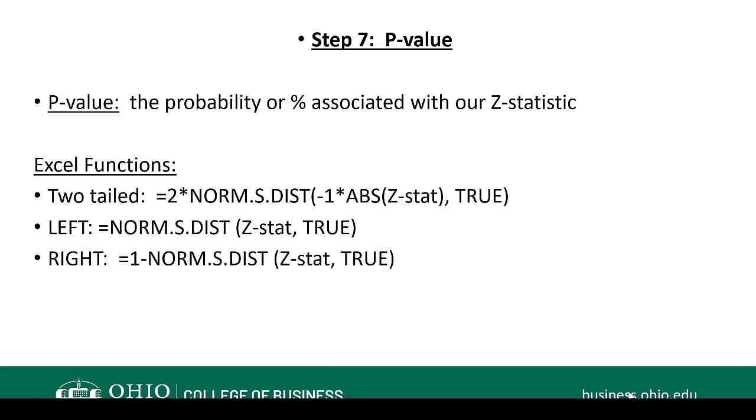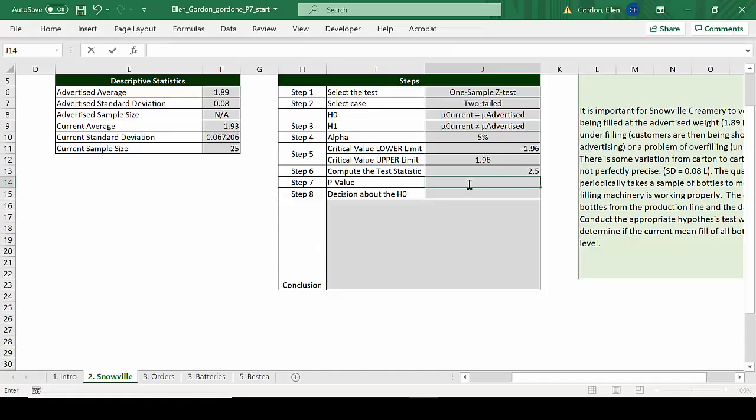Step 7 is to compute the p-value. The p-value is the probability or the percentage associated with our z-statistic. You may remember from the previous module that we used the dist function to determine the percentage. Here are the different functions depending on what type of test you're working with, whether it's two-tailed, one-tailed left, or one-tailed right. Now we can compute the p-value.